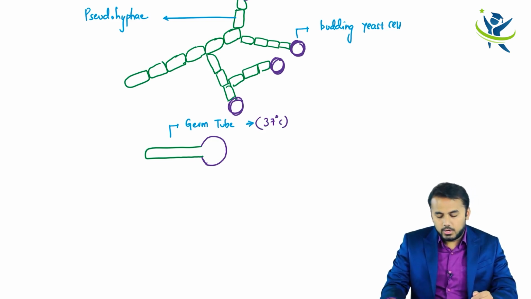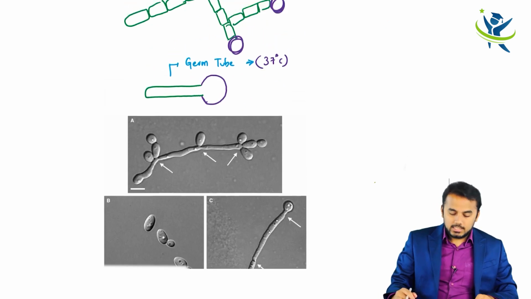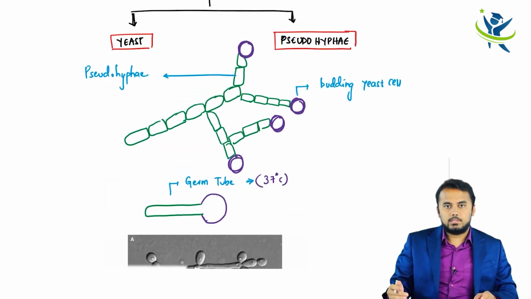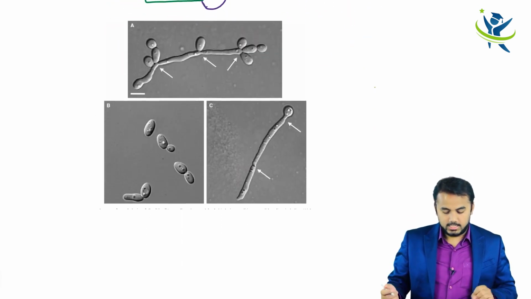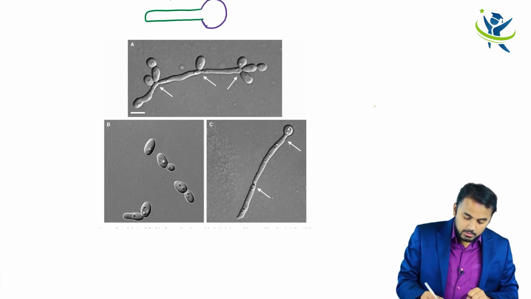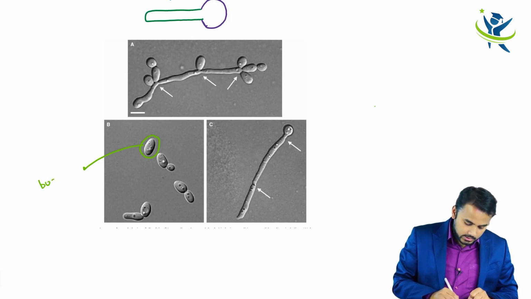Let me show you the exact picture of how the pseudohyphae and the yeast cells look. As you can see here, guys, whatever I have drawn previously, I am trying to show up here. These small round colored bubbles which you can see here are your budding yeast cells.